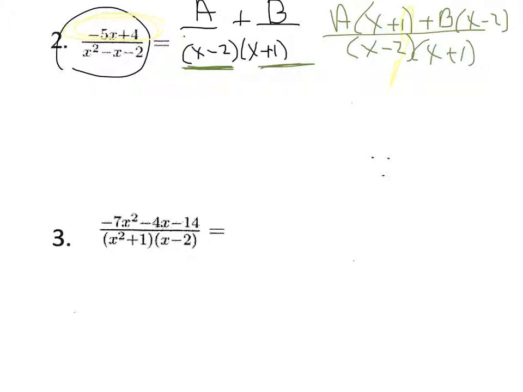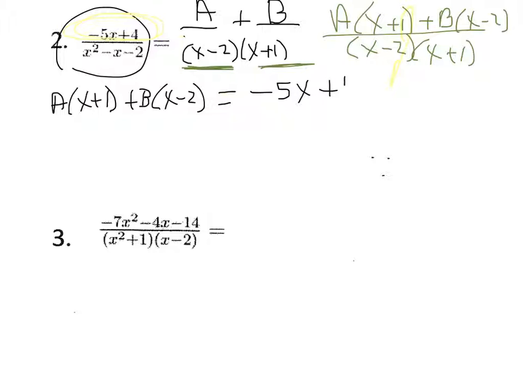So A times x plus 1 plus B times x minus 2 has to be equal to negative 5x plus 4. You get the common denominator to find what you have to multiply the tops by, but once you do that, you don't need the denominator anymore.